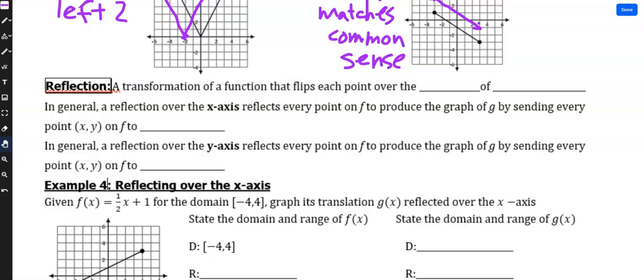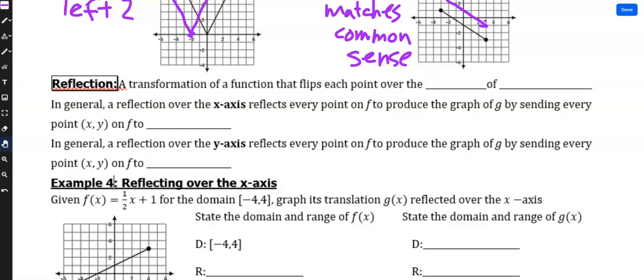So let's talk about a reflection. We're going to reflect across both axes, but we're going to do it one at a time here. A transformation of a function that flips each point over the blank of the blank in a reflection over the what? Over the axis of reflection?